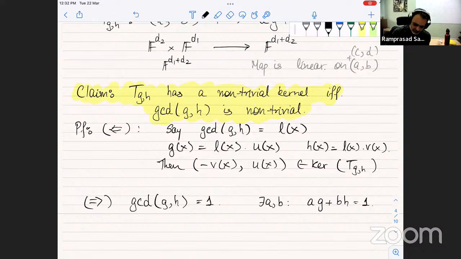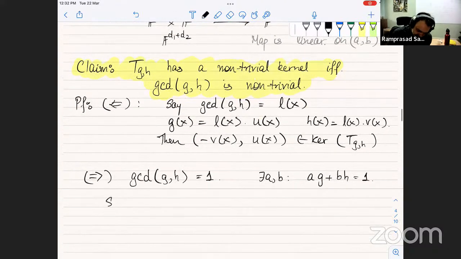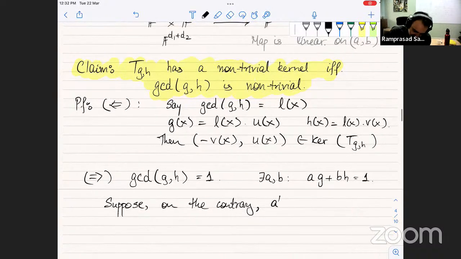Okay, so here's what I'm going to do. I'm going to just assume the contrary. Suppose, on the contrary, we just have that A prime G plus B prime H is equal to 0, where A prime has smaller degree than H and B prime has smaller degree than G. I want to somehow claim that the only way this is possible is when A prime and B prime are both 0.